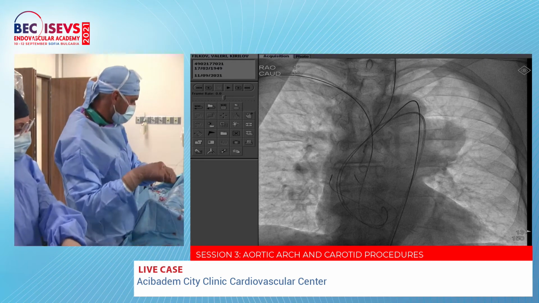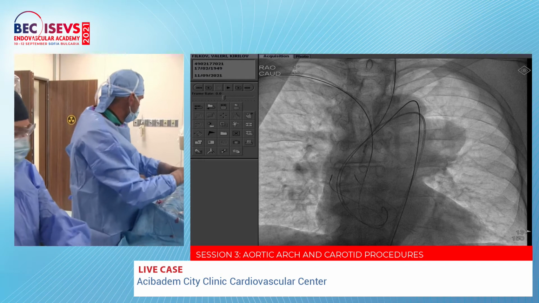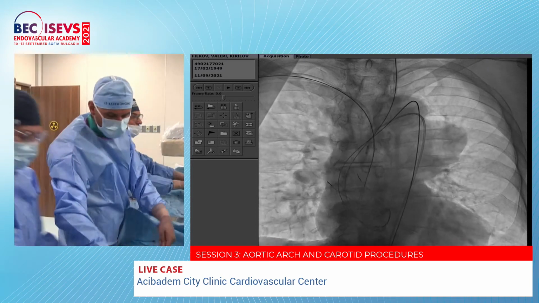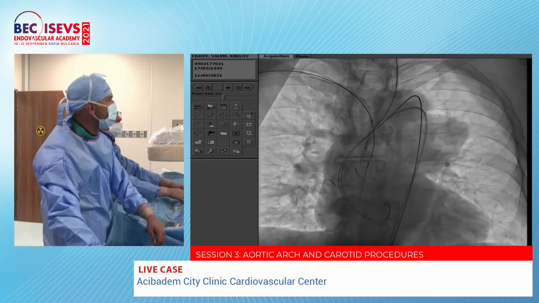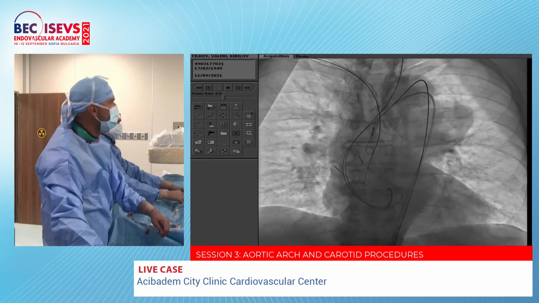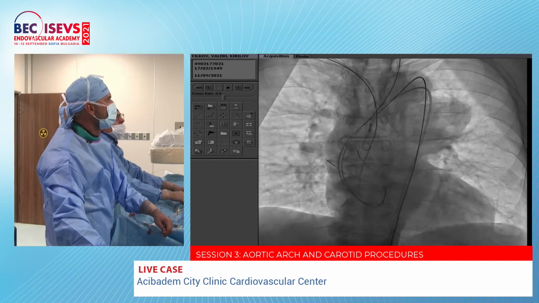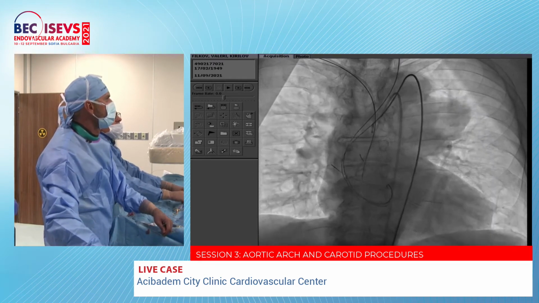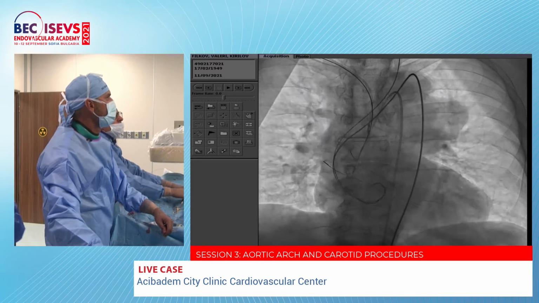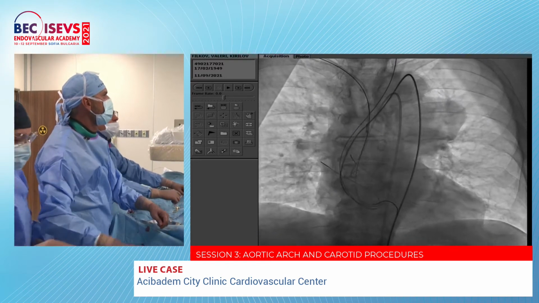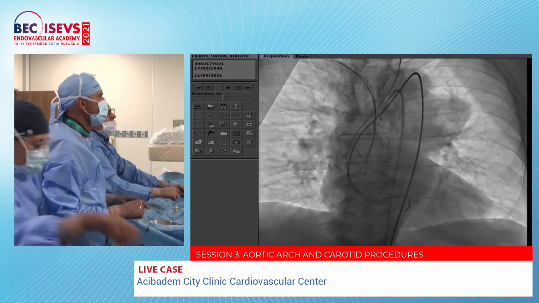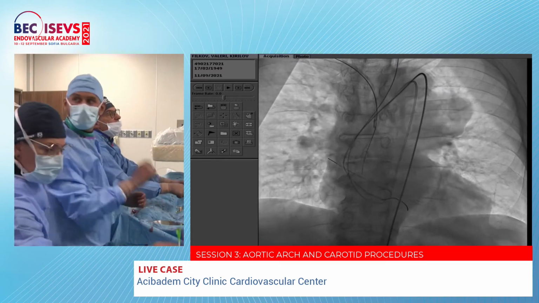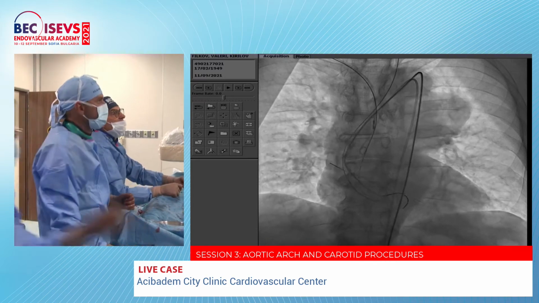In the left carotid will be a Bentley that will be 8 by 57, and most probably, in order to have enough distance, we are going to put one more telescoping, because there is no more than 57, in order to have good position into the proximal landing zone.